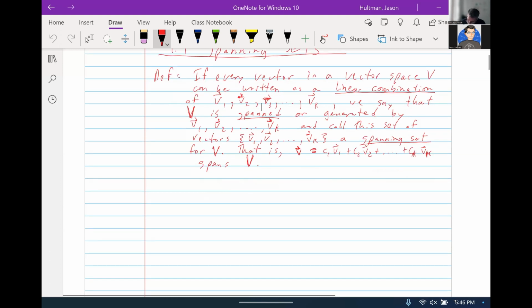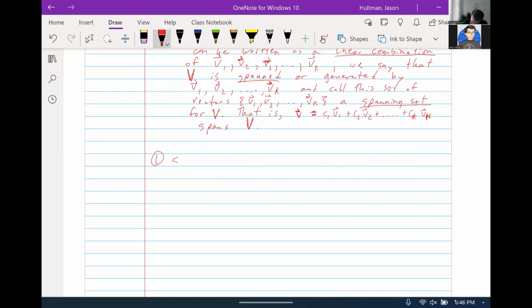Okay, so let's do an example where we're working with this. We want to show that (1, 1) and (2, -1) is a spanning set of R2.